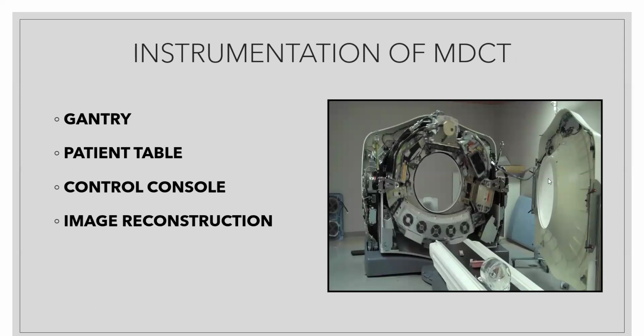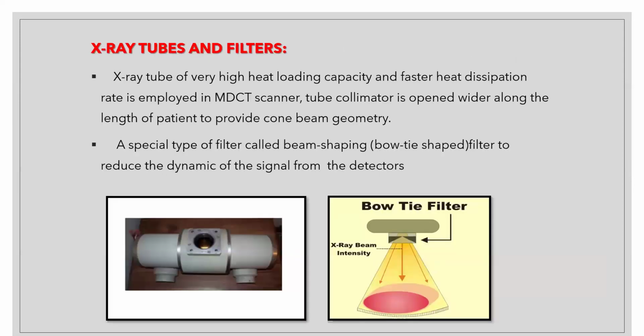And coming to the instrumentation, what are the things available? Gantry is there, table is there, and the control console where we are controlling the system and image reconstruction, by which the images are obtained. In the gantry, the following items are there, like the X-ray tube and filters.